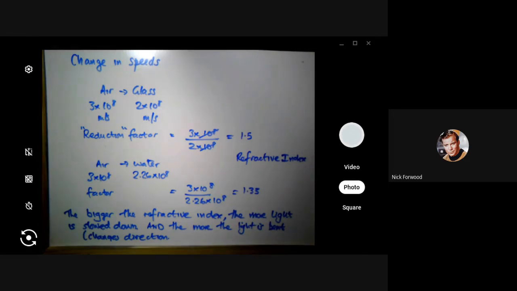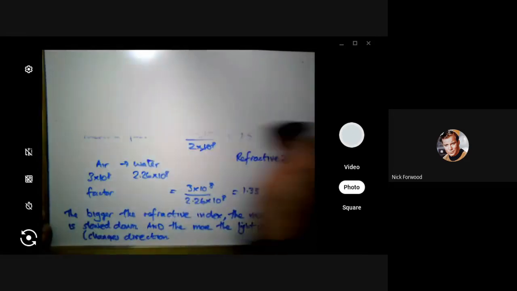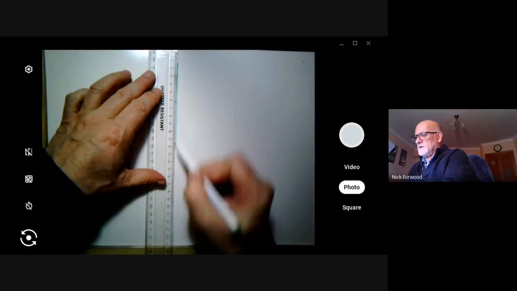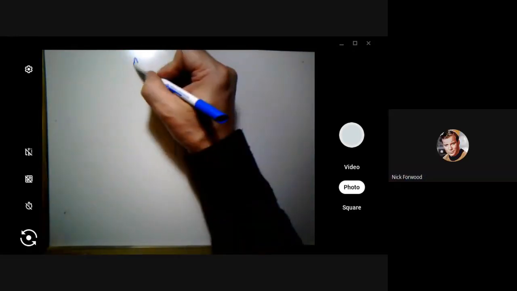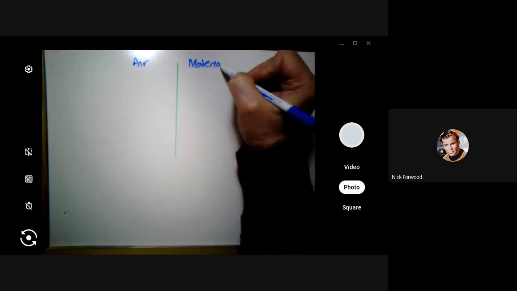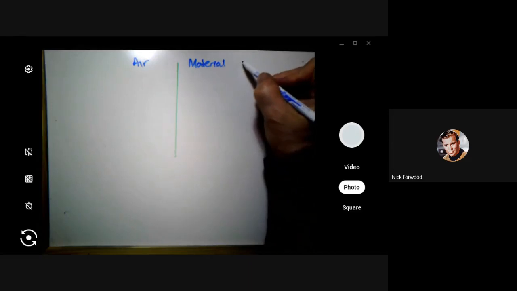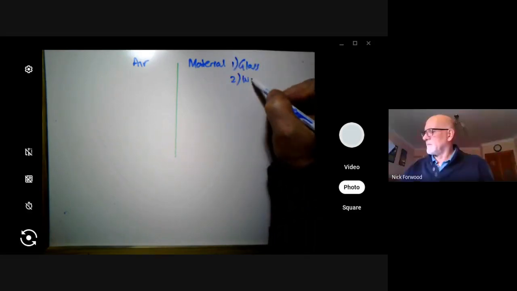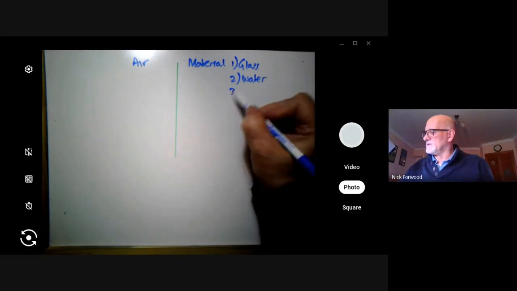So let's just stick with air. A lot of these examples are air on one side and then some material on the other side, like glass, for instance, like water, and like diamond.